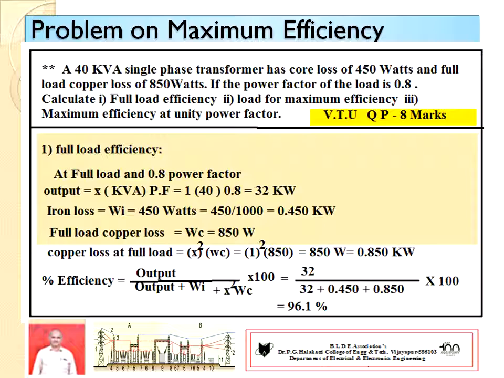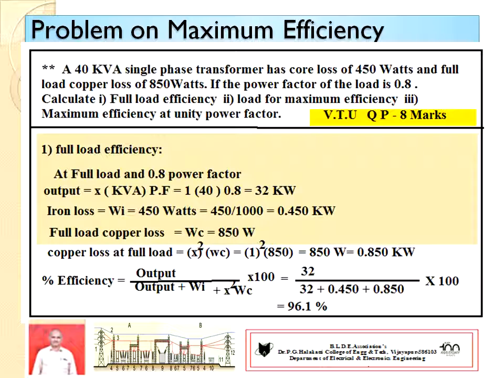Full load copper loss Wc 850 watts, and copper loss at this full load condition equals X square times Wc. Now, X is 1. Again this loss is equal to 850 watts, then convert into kilowatt. Very carefully observe, if output is in kilowatt, these losses should also be in kilowatt.